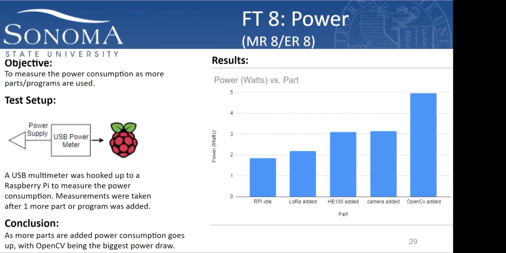The measurements were taken after 1 more part or program was added. And as we show on the graph, for the Raspberry Pi alone, it was close to 2 watts. With the LoRa, it was above 2 watts. And then the OpenCV was really close to 5 watts. Next slide, please.